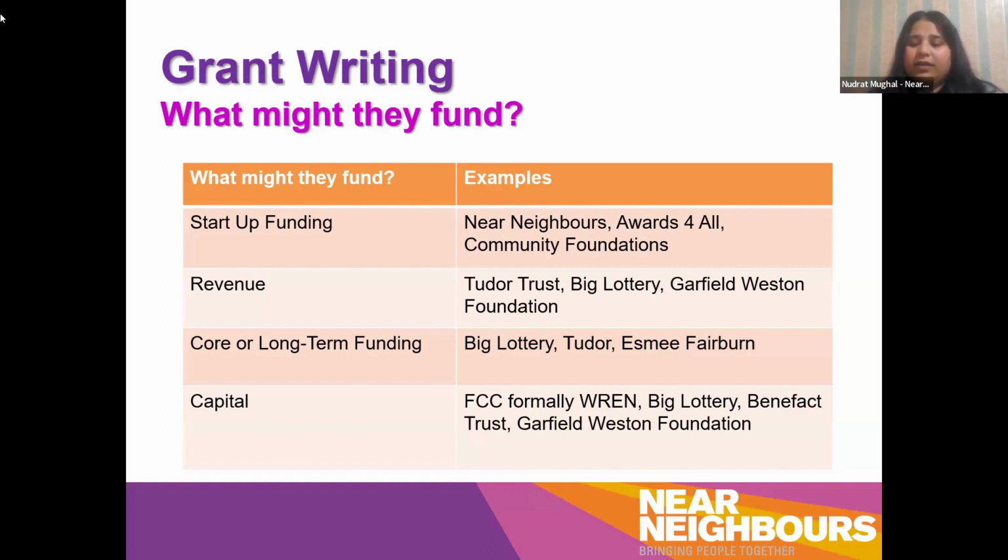But those are given just to localities where their projects are based. So not everyone around the country can apply for those grants.